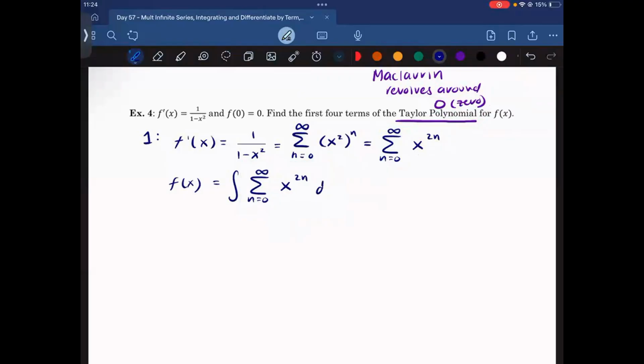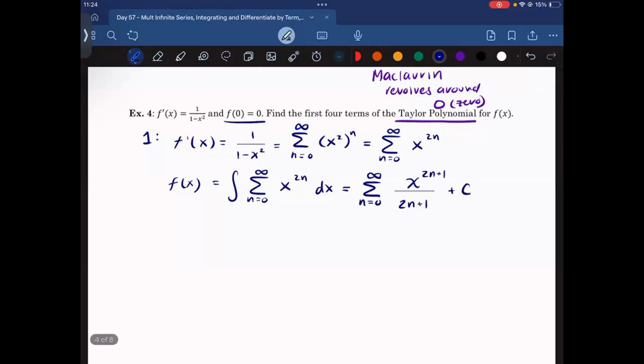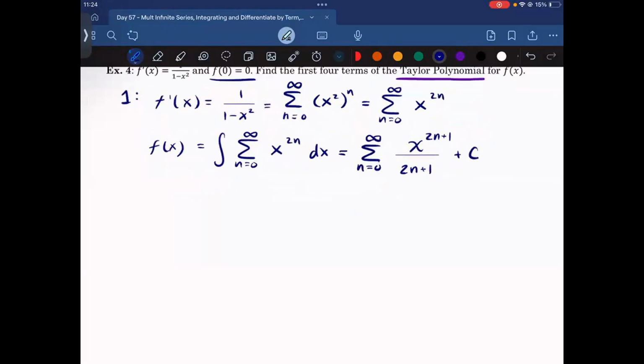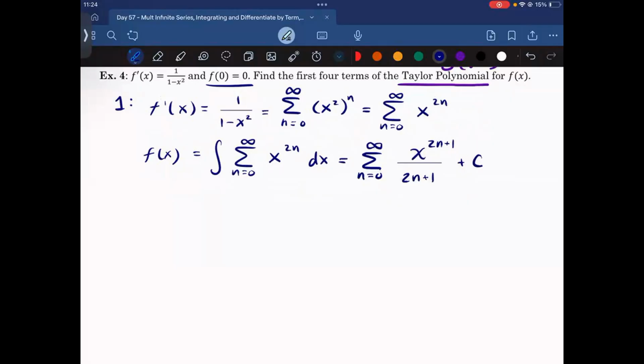With respect to x. And just like last time, we're going to treat the x as the function and then the n's as just a normal constant. And we're going to do a plus c, but we are given our initial condition of when we plug in f of 0, that would equal 0.